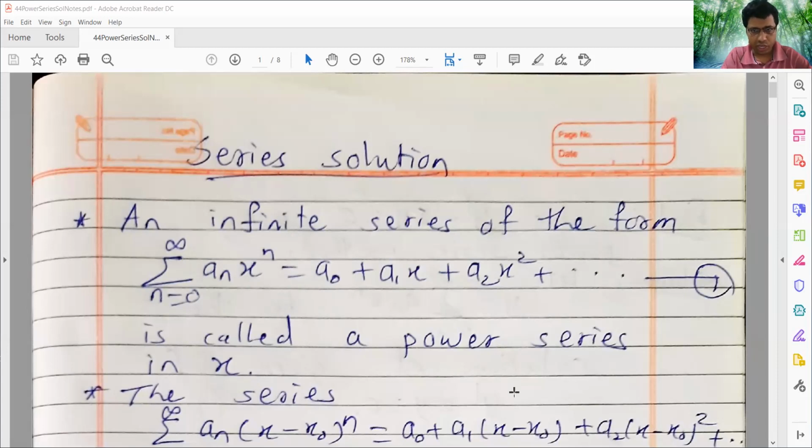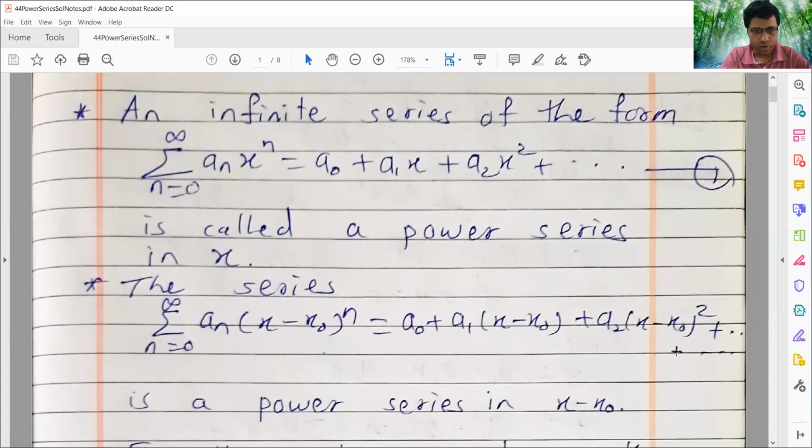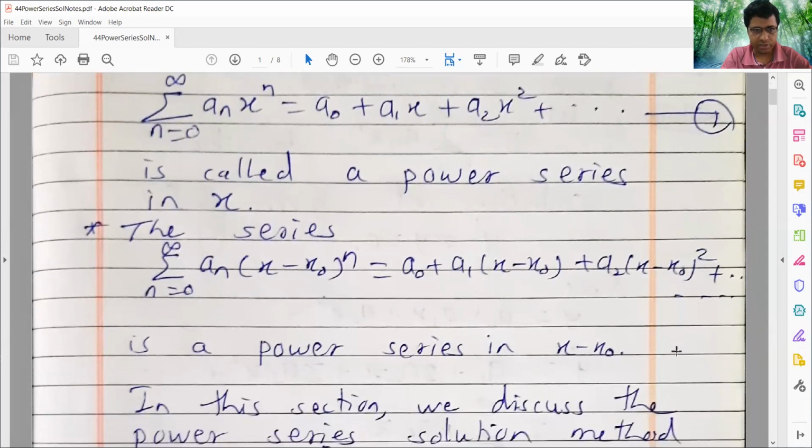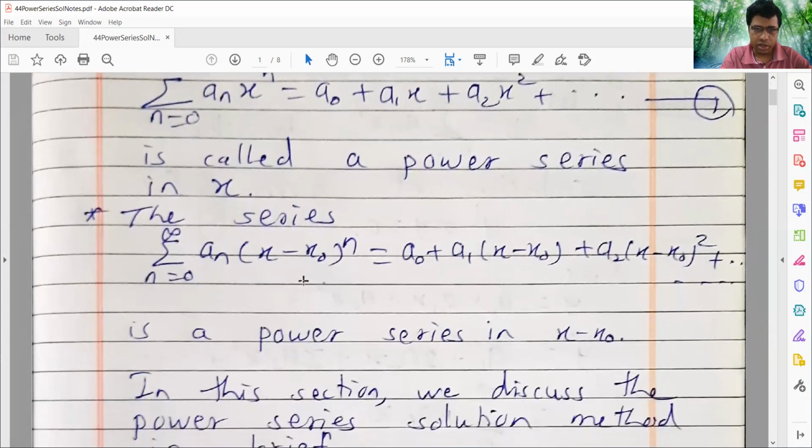Here a0, a1, etc. are constants. We can have a power series in x minus x0 also. Okay, so it will be summation an (x minus x0) raised to n.